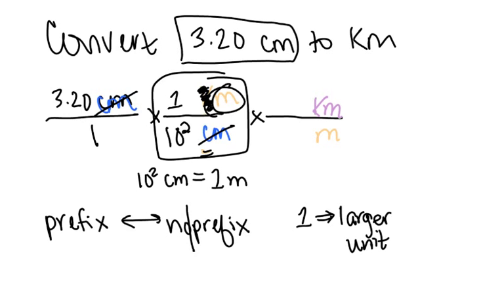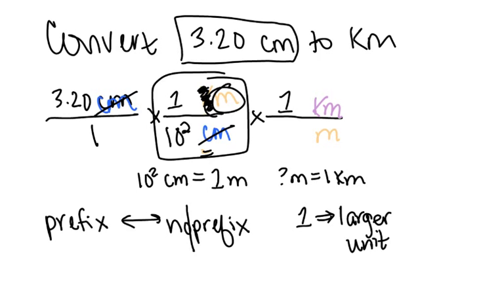So, in this case, a kilometer is larger than a meter. So you are forced to put the 1 at the top of the fraction because our brains want to think, how many meters are in 1 kilometer?